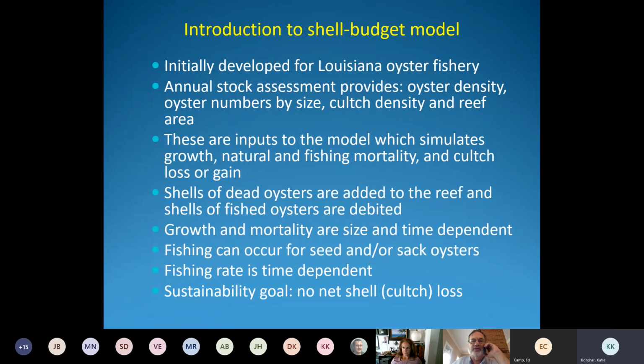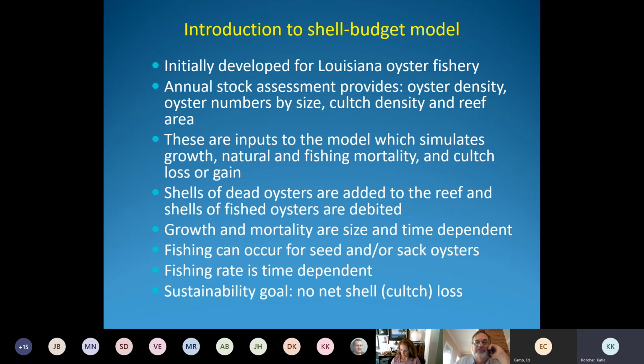The Louisiana stock assessment provides numbers on oyster density, oyster numbers by size, culch density, and then of course very important is simply the reef area.